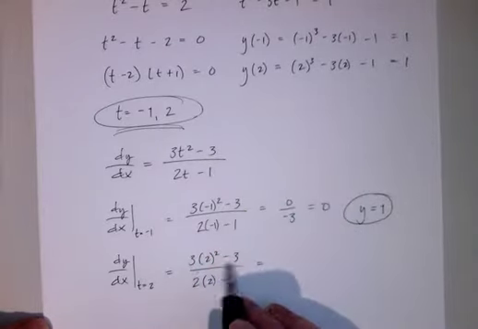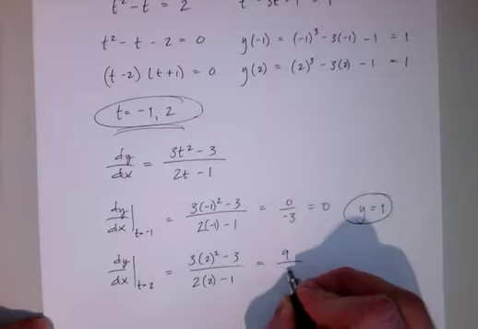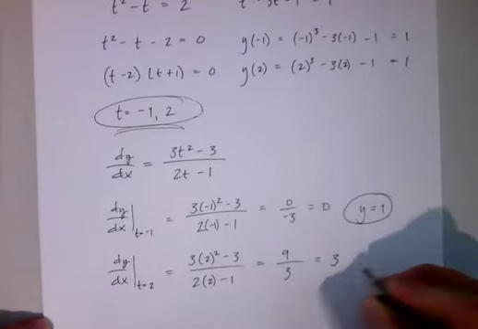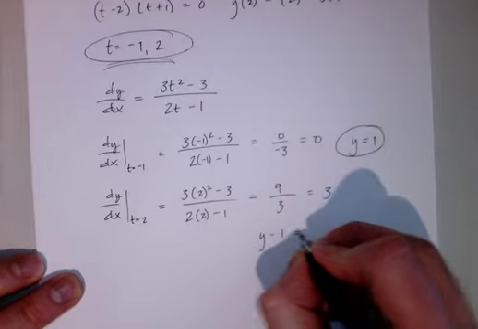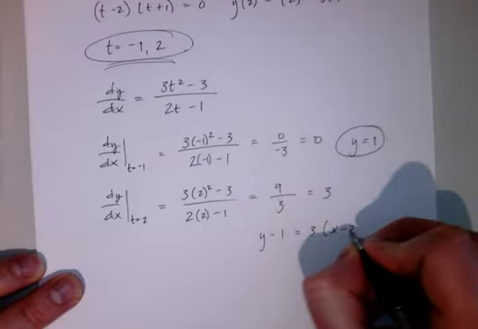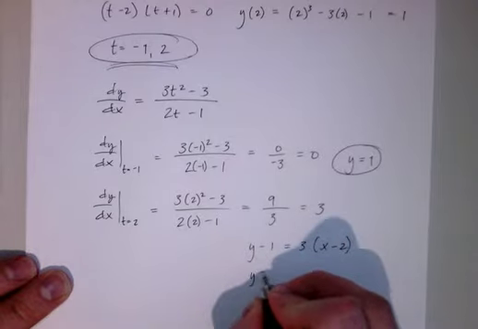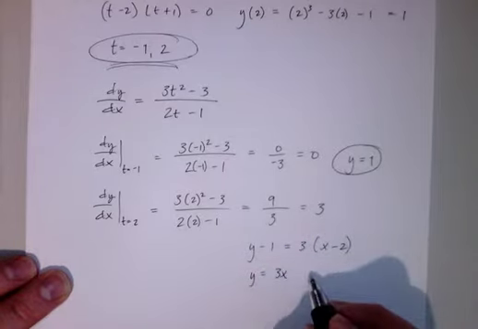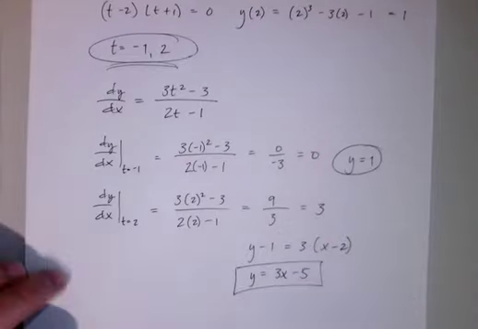That's 12 minus 3, which is 9, over 4 minus 1, or 3. So I'm going to get a slope of 3. And so I just need to do y minus y1 is equal to m times x minus x1 in order to find the other one. So that's going to be y is equal to 3x minus 6 plus 1, so minus 5.